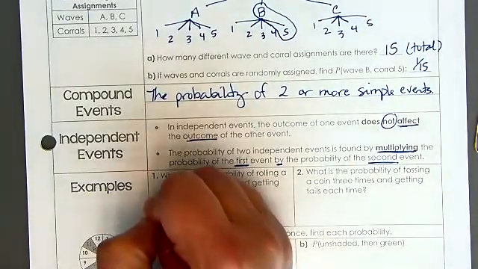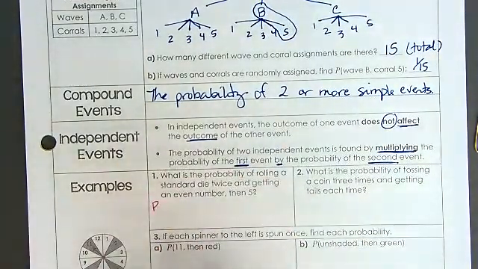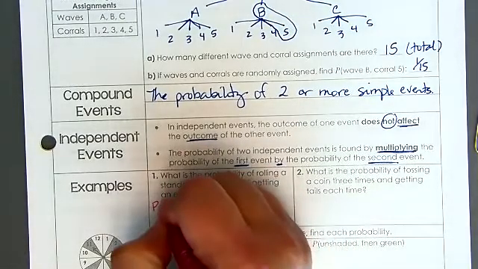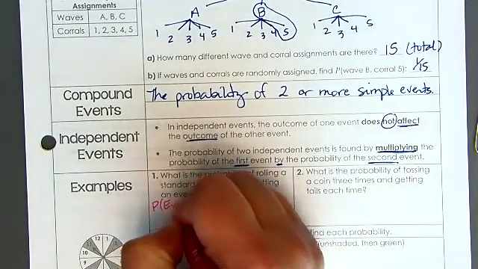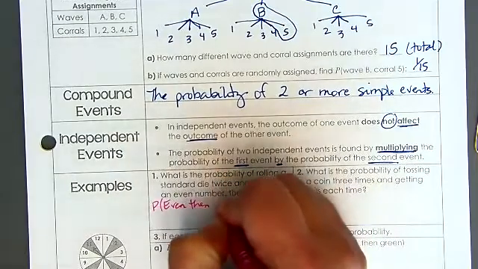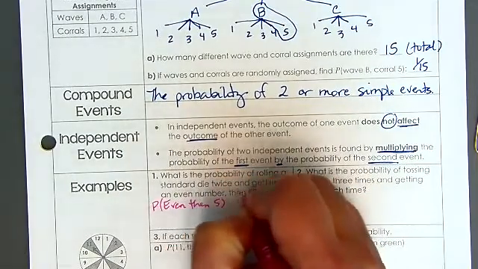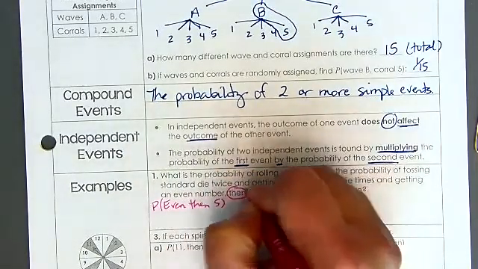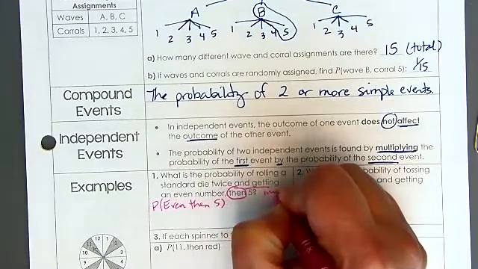In notation, we would say the probability of even, then 5. The key word here is then. That lets me know I multiply.